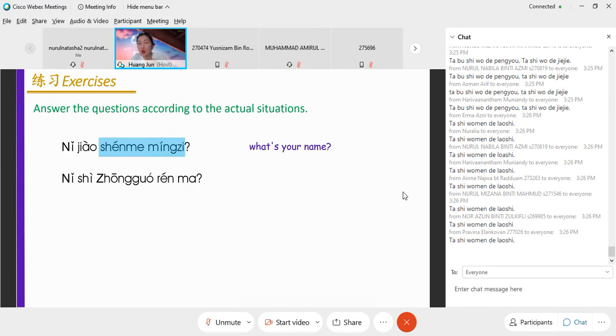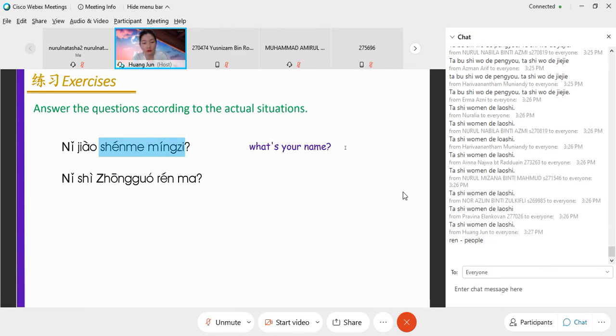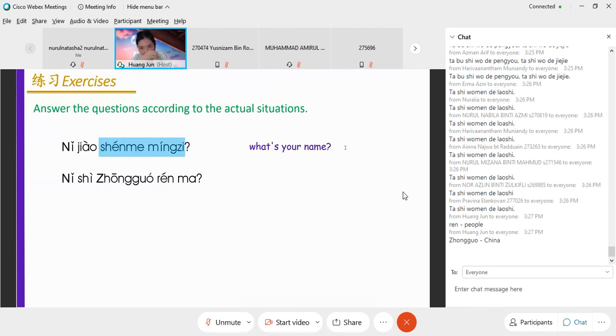Then continue with my question 2. 你是中国人吗？人, last class I already taught you, means people. 中国 means China. You will learn it in lesson 5.